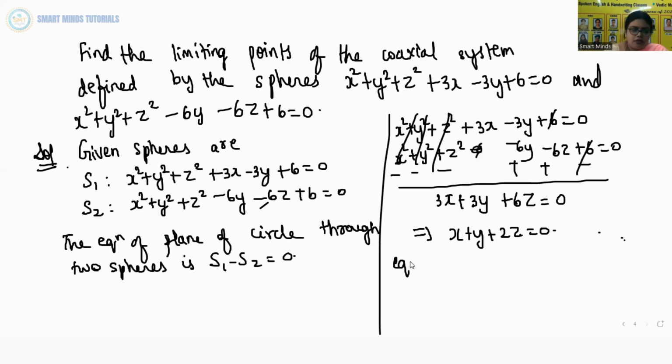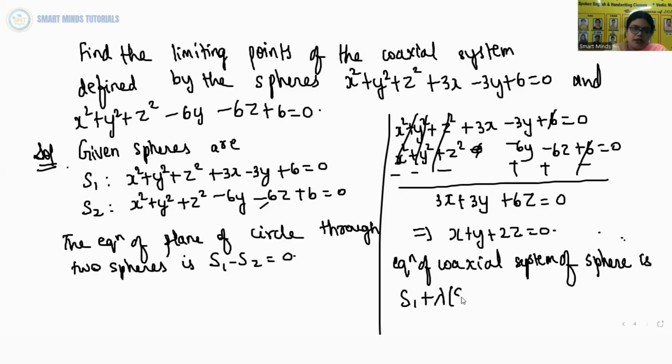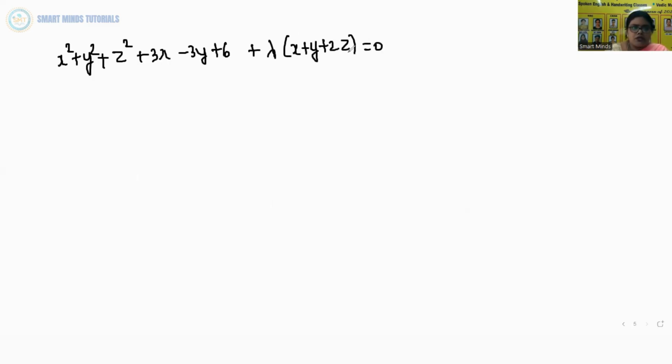Now we will find the equation of the coaxial system of spheres. The equation of the coaxial system of spheres is S1 plus lambda into S1 minus S2 equals 0. So we need to substitute S1 and S1 minus S2 in this equation. We get x square plus y square plus z square plus 3x minus 3y plus 6 plus lambda into x plus y plus 2z is equal to 0.